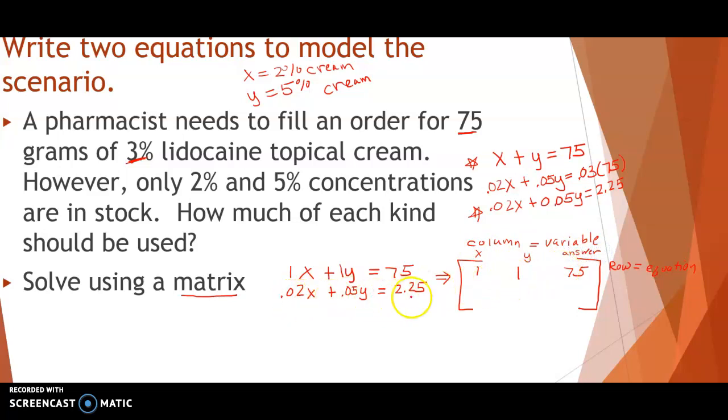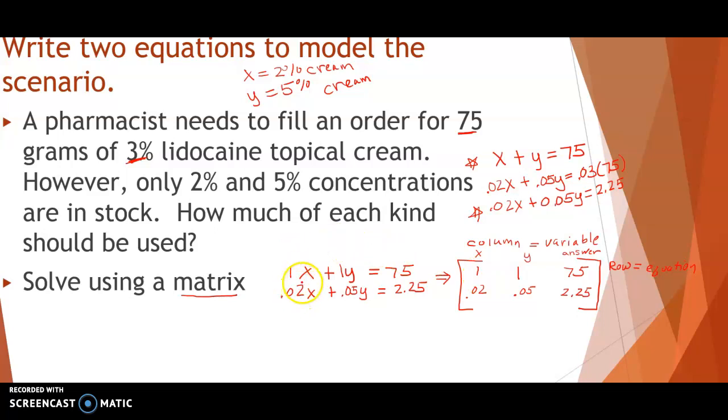And so then my next row is going to be my next equation. So x has the coefficient of 0.02, y has the coefficient of 0.05, and my answer for that is 2.25. So this matrix has 2 rows and it has 3 columns, and then our calculator will work with just these numbers to actually solve it out.